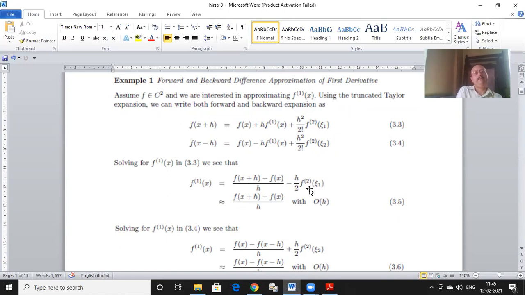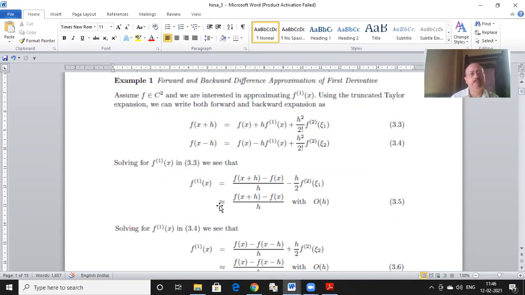Because in Taylor series and numerical analysis, we have learned that whatever we ignore, if we stop at any point, the remaining terms will be of the order of the last term that we considered. Here the last term that we considered was the first order term, the h order term. So whatever we ignore will be of the order of h. This is known, right? Yes, sir. This is something that we have learned in the first year or somewhere in our undergraduate.